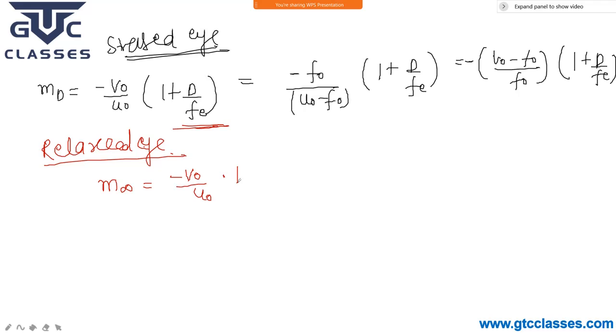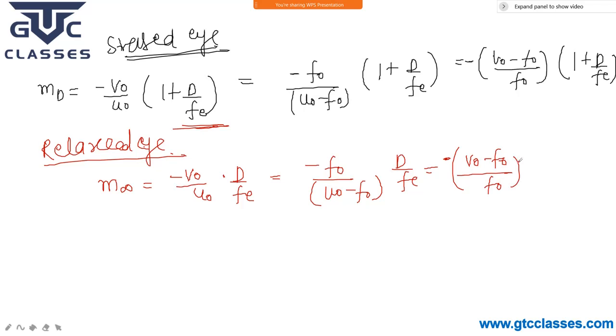That's it. Remaining thing also we will write: minus U0 upon U0 minus F0, D upon F, or minus V0 minus F0 divided by F0, D upon F. So this is for the relaxed eye.